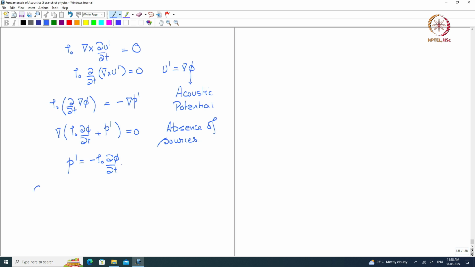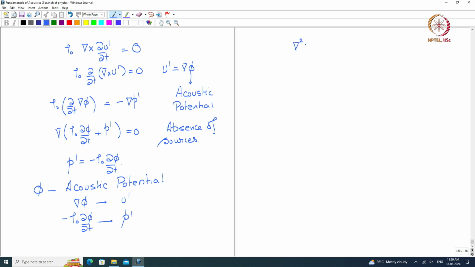So there is a scalar acoustic potential which is a mathematical construct, from which if you take the gradient you get the particle velocity, and if you take the temporal derivative you get the acoustic pressure, and this acoustic potential satisfies the acoustic wave equation.